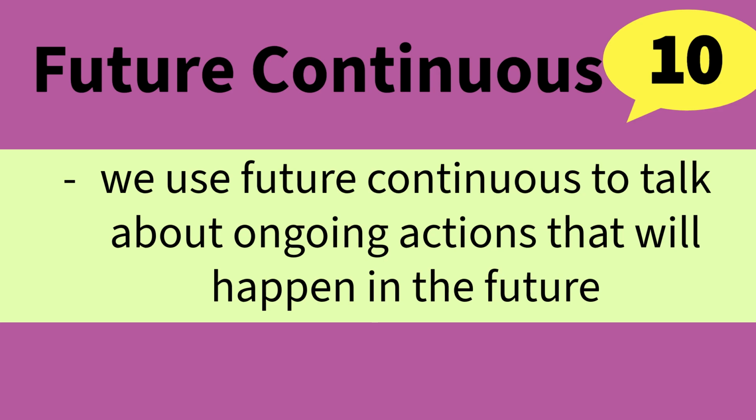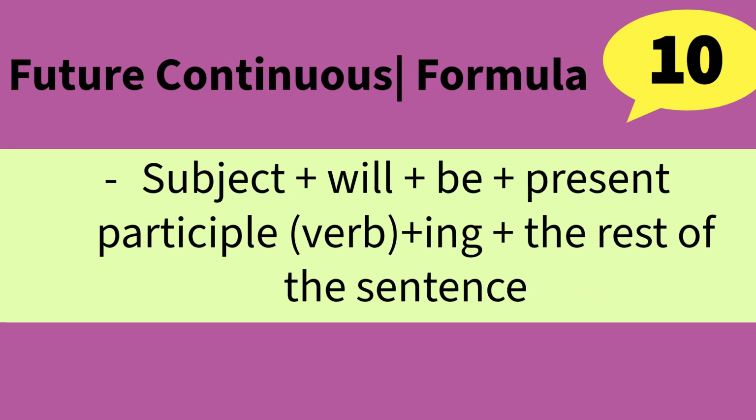The 10th tense is the future continuous tense. We use future continuous to talk about ongoing actions that will happen in the future. To form this tense, we use this formula: subject plus will plus be plus present participle, verb plus ing, plus the rest of the sentence.